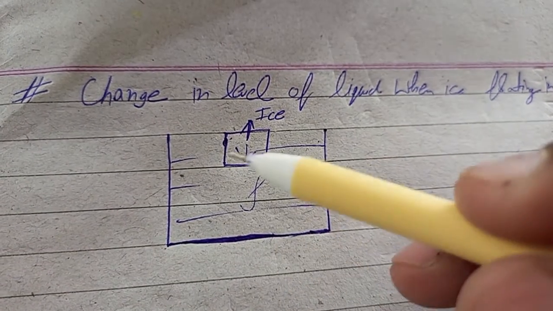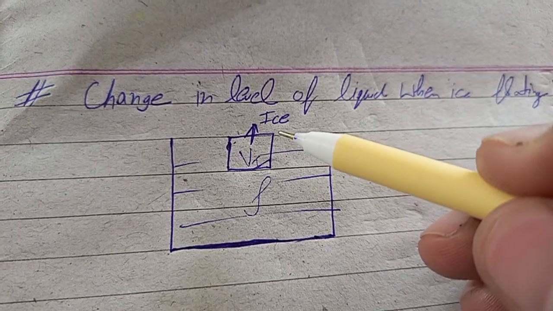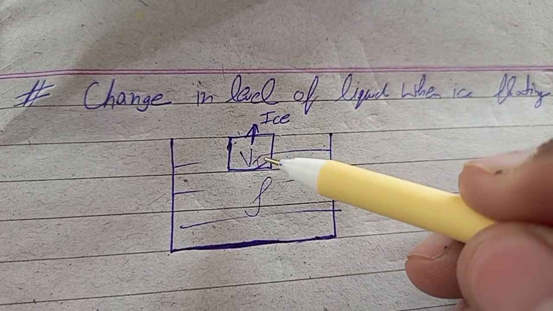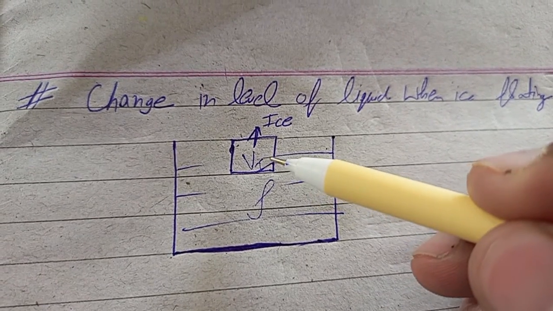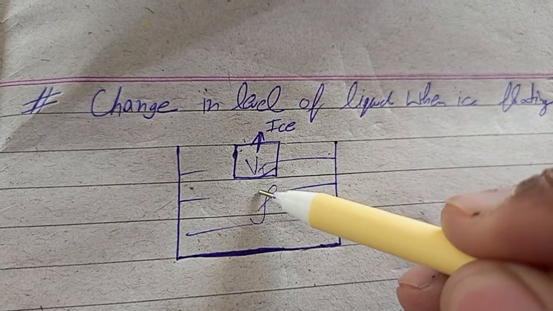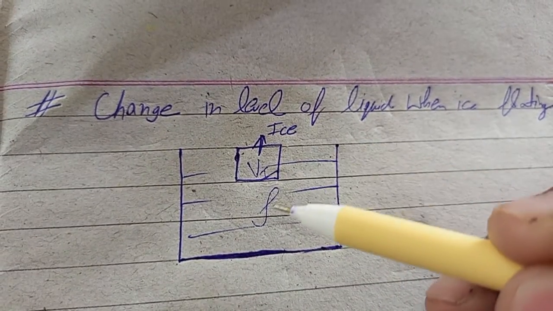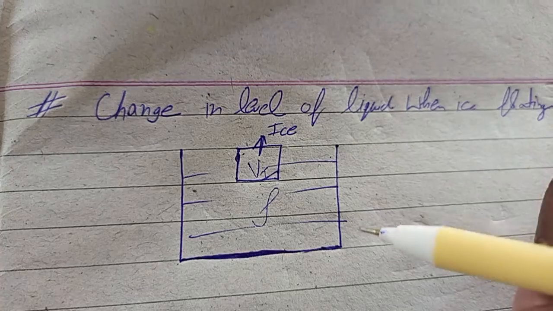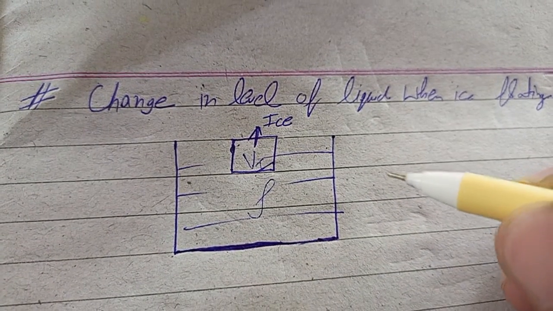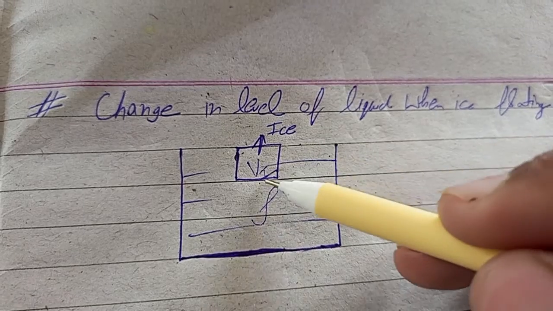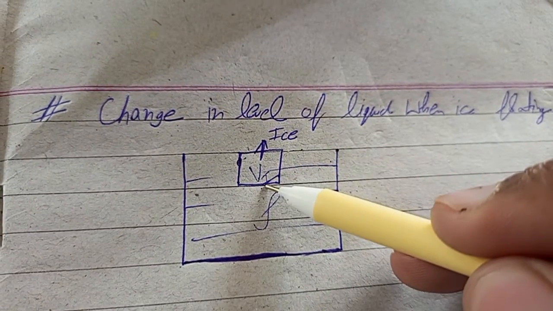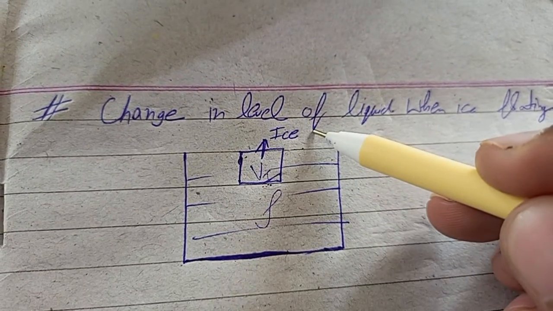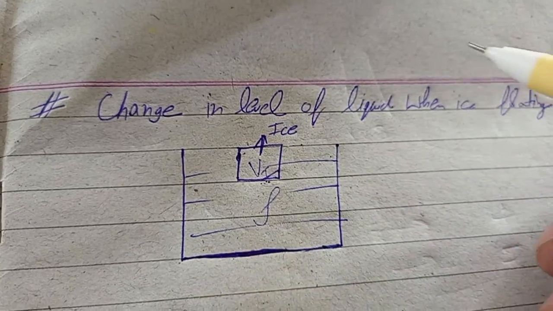We all know that when we place this ice cube in this liquid, the volume of ice which has been submerged has displaced an equal volume of liquid from this space. So when I place this ice cube into this liquid, Vi volume of liquid was displaced.